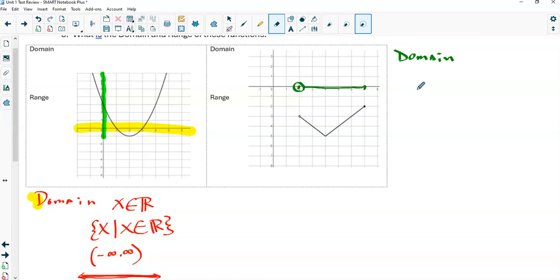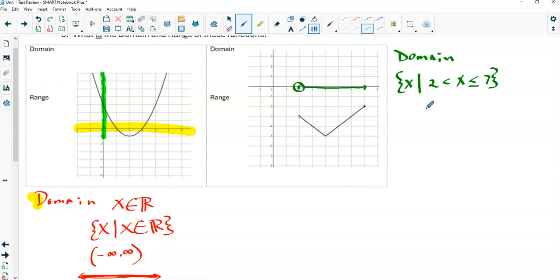So x such that x is between 2 and 7. However, this 2 is not included. So I'm just going to put x is greater than 2, but yet is less than or equal to 7. So that is in set builder notation.